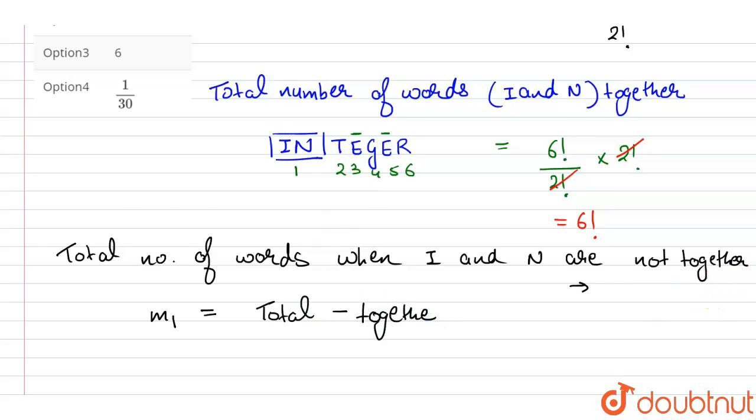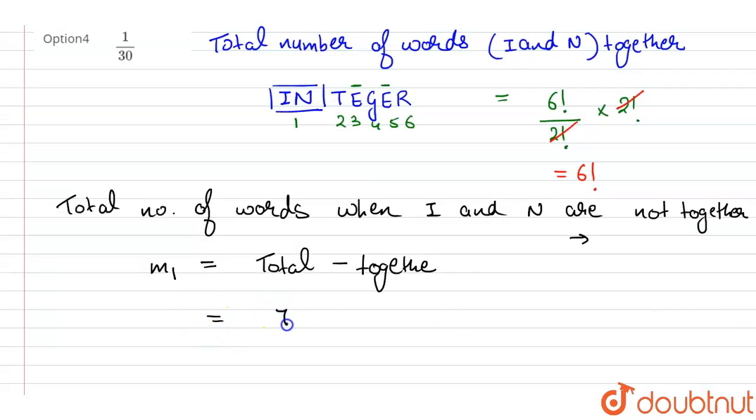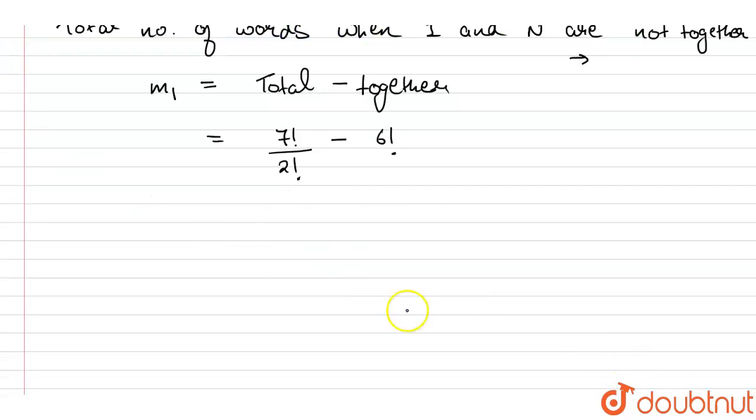This will be 7 factorial divided by 2 factorial minus 6 factorial. If we take the LCM and find the value, this will be 5 divided by 2 multiplied by 6 factorial. So the m1 value is 5 by 2 into 6 factorial.